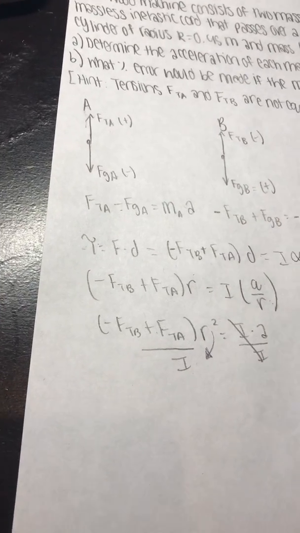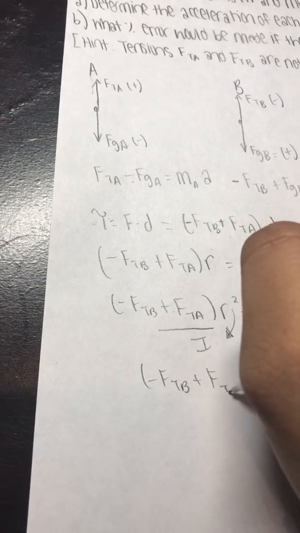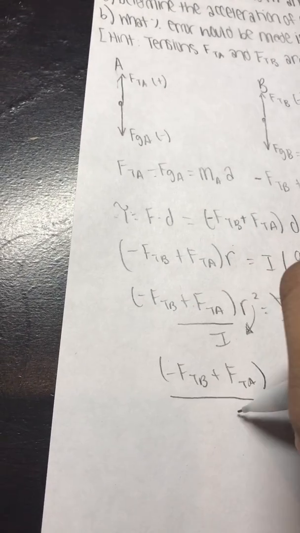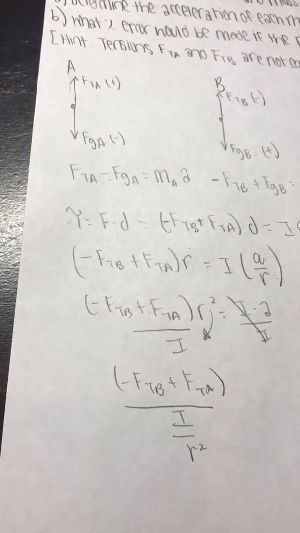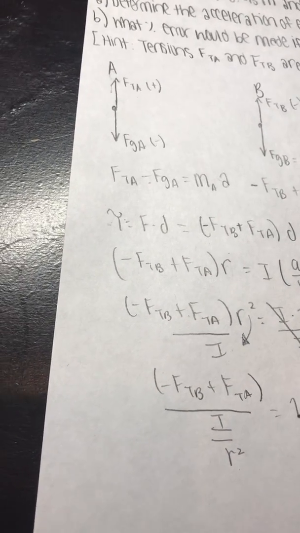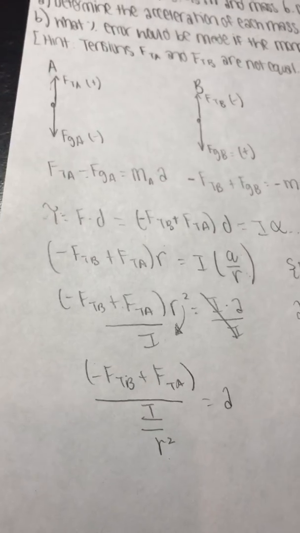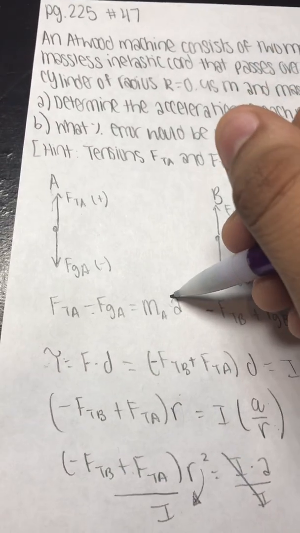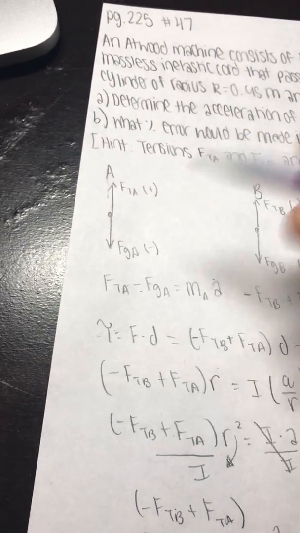So then I'm going to get, okay, and then I'm going to have just acceleration. So that makes that a lot easier. So now I need to figure out what to substitute in. So going back to these initial equations over here, I'm going to solve for FTA.